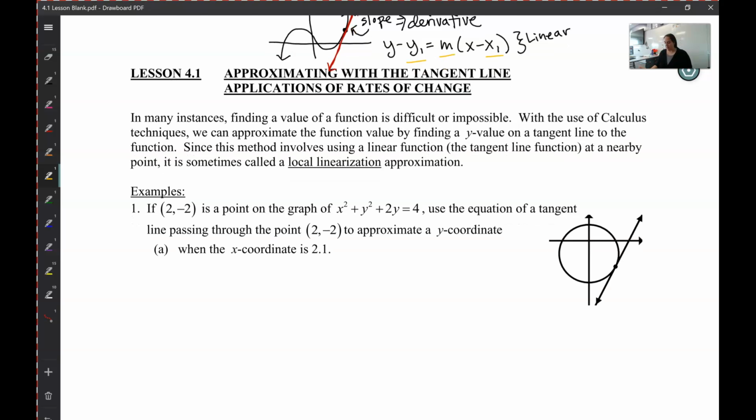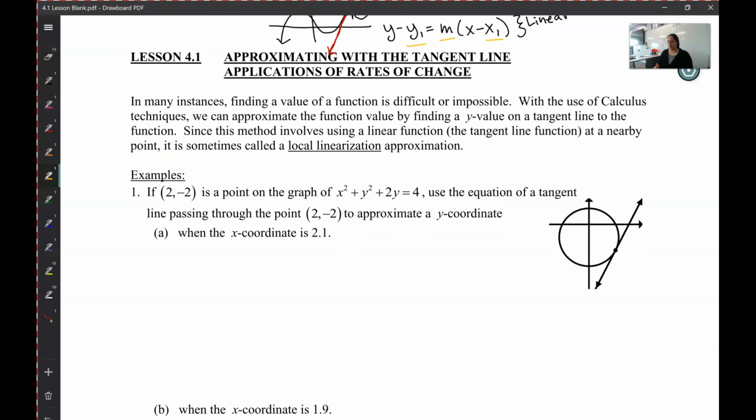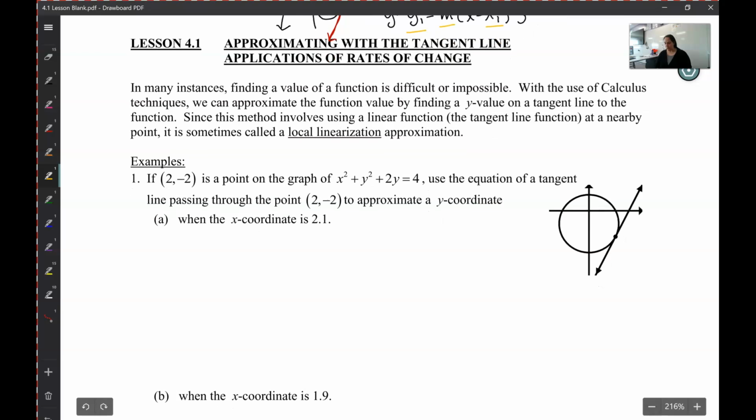Now let's get into what this lesson is actually talking about. This is called local linearization approximation. And basically what it's saying is there are some equations that are really hard to find values on.